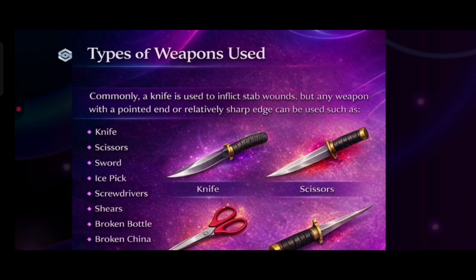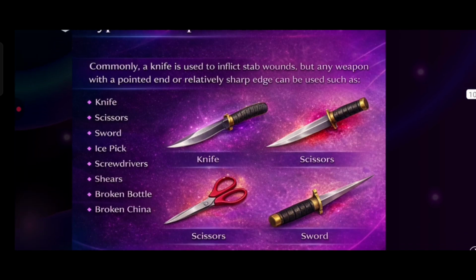Types of weapons used. Commonly, a knife is used to inflict the stab wound, but any weapon with pointed end or relatively sharp edge can be used, for example, knife, scissors, sword, ice pick, screwdriver, shears, broken bottle, broken china.